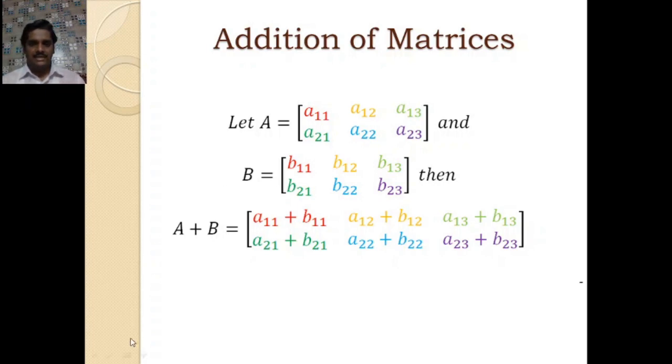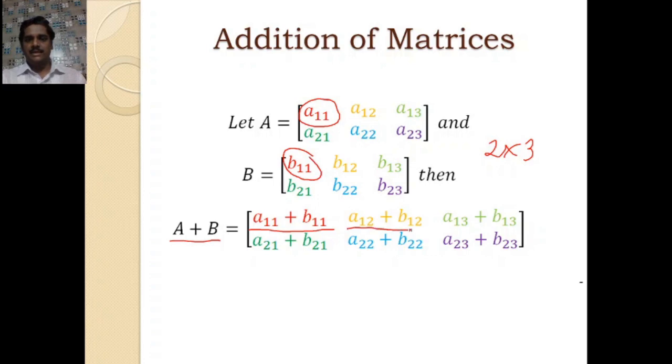So what I have done in this, I have taken two matrices of order 2 by 3, and you all can see the first element of A plus B is A11 plus B11. Nothing but the first element of A, that is A11, gets added with B11.